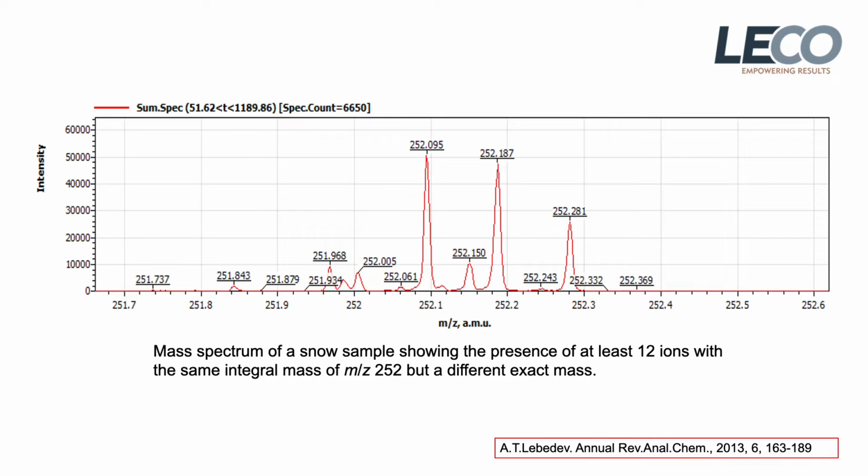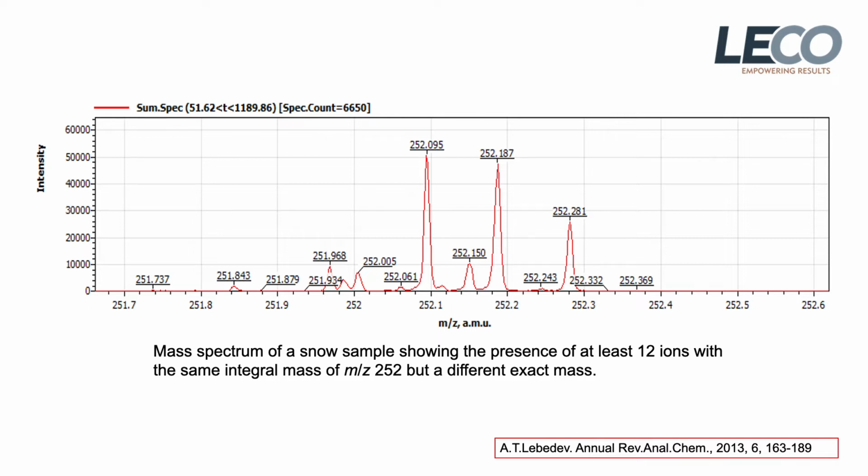So direct introduction of the sample, and a very low mass range, just integer number 252. Why this mass? Because this is the molecular ion of benzopyrene, a very well-known carcinogenic compound regulated all over the world.